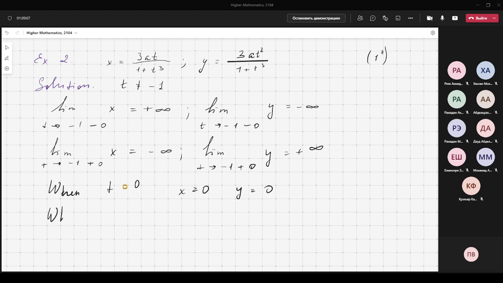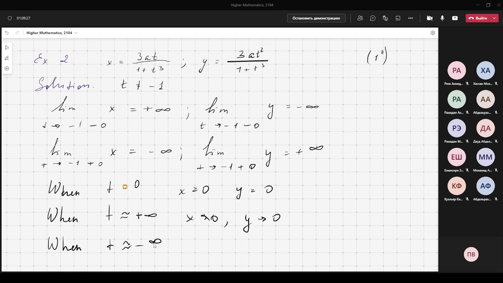When t is plus infinity, x approaches 0, y approaches 0. When t is minus infinity, x approaches 0, y approaches 0.